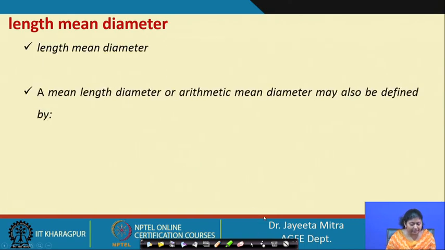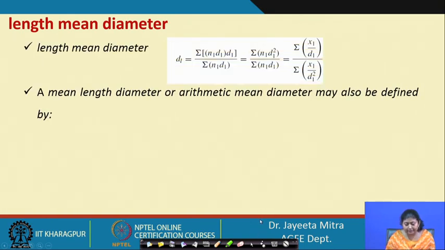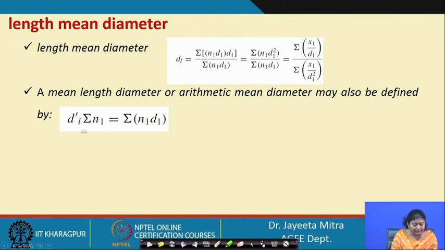Another is the length mean diameter, dl, represented by summation of x1 by d1 divided by summation of x1 by d1 square. A mean length diameter or arithmetic mean diameter may also be defined by dl dash into summation n1. All the particles having this size will be equivalent to the summation of all the individual particles n1 with the size d1.